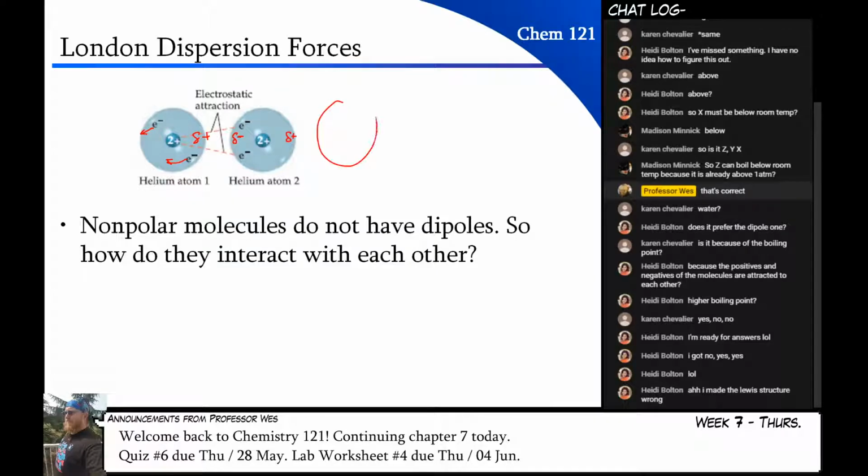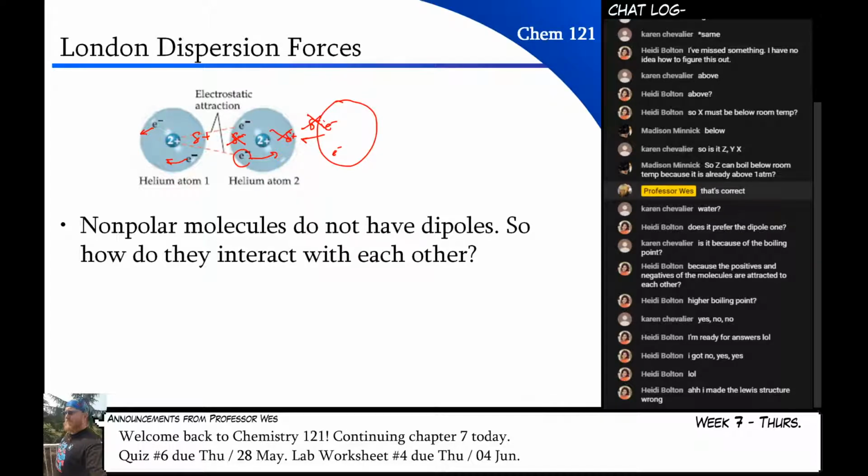And if I had another molecule over here, it would see this and go, oh, my electrons want to be over here, so that we can be delta minus also. But the second one of these randomly just goes back, this is canceled, and when that is canceled, this is canceled, and so on and so forth. So these are very temporary, and they're due entirely to the fact that the electrons move around randomly.